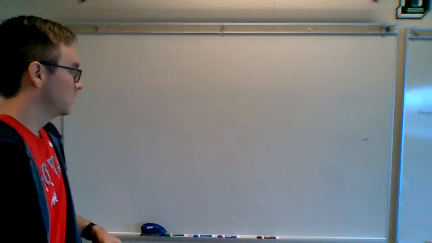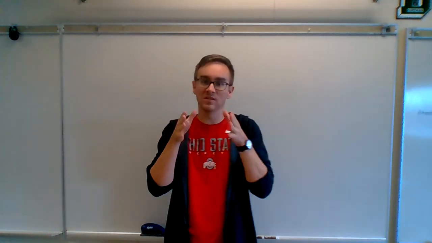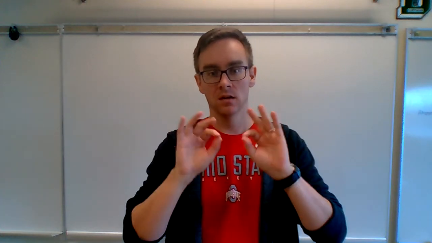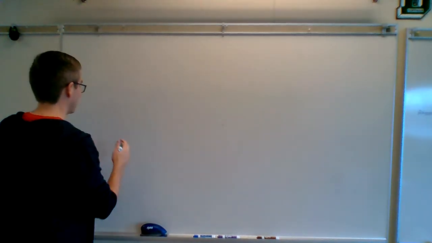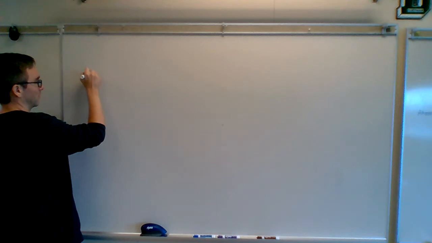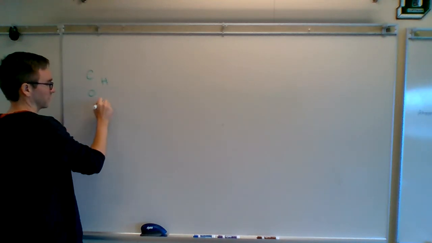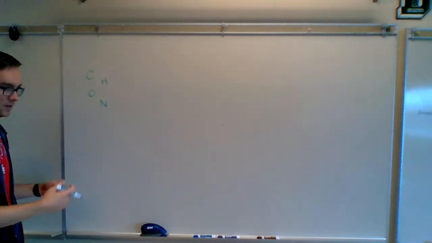Okay, still thinking about what we just did: we went from atoms to molecules to macromolecules. Now we're going to apply it a little more specifically. Instead of atoms in general, we're really talking about a couple of fundamental atoms: carbon, hydrogen, oxygen, and nitrogen.